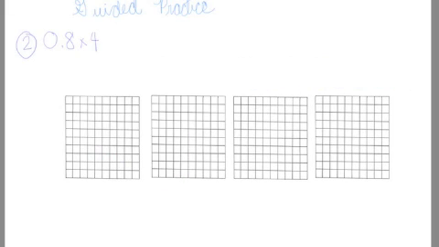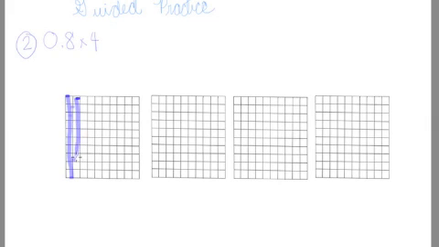So what I'm going to do is I'm going to look at it, and it's 8/10 times 4. So I'm going to get that larger marker because I think that helps us. And I'll start with drawing 8/10. Okay. So now I just have to really go down 8 times.